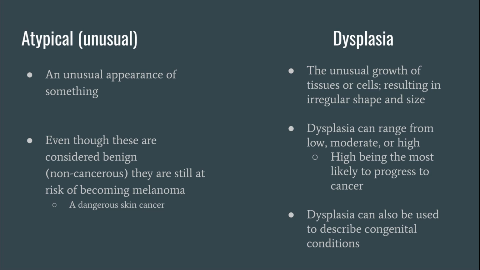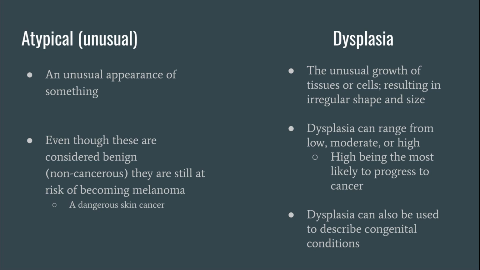This can occur as irregular colors, borders, or sizes that exceed 6 millimeters in diameter. Although atypical nevi are considered benign, they may still pose a risk of melanoma, so it is important to get regular exams to monitor for any changes, especially if melanoma may run in the family.